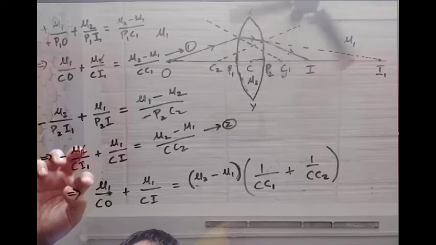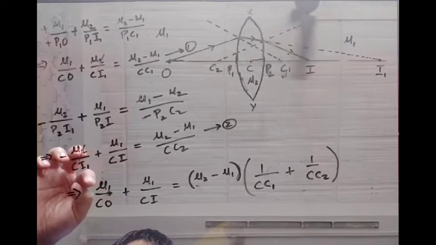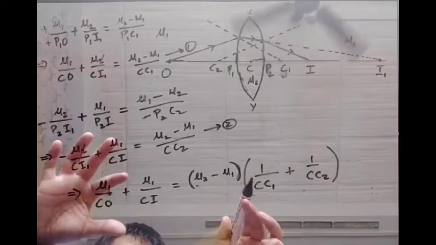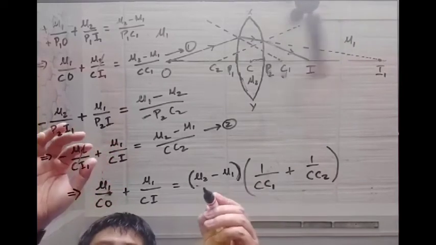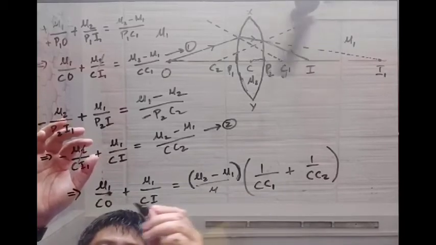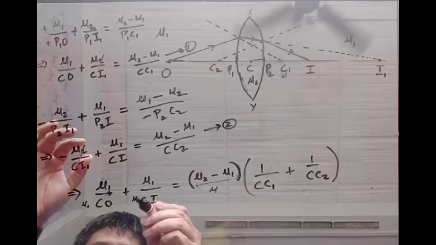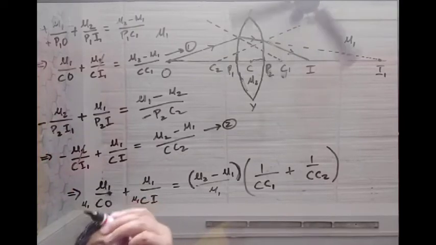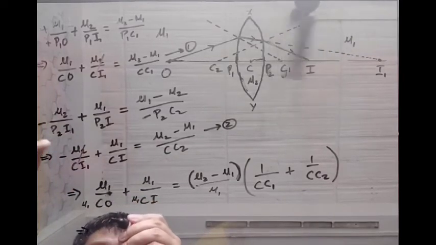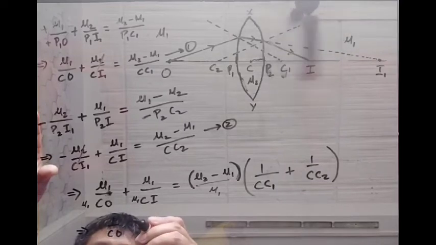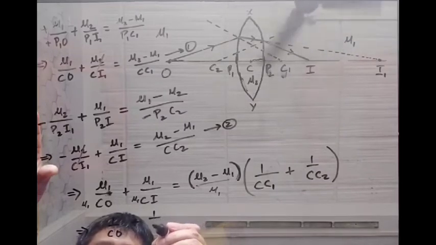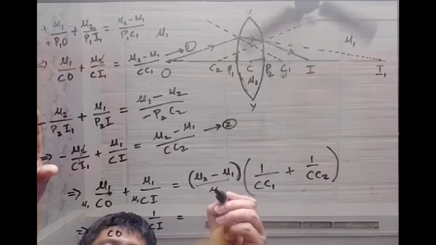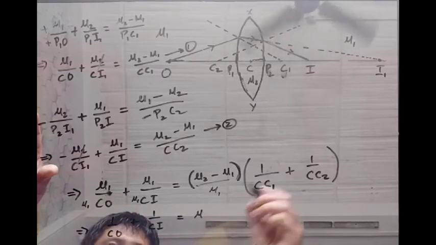Now, dividing both sides with mu1. Dividing all the terms with mu1. Then we get mu1 by mu1 is 1. So we get 1 by CO plus 1 by CI equals mu2 by mu1, which is mu.